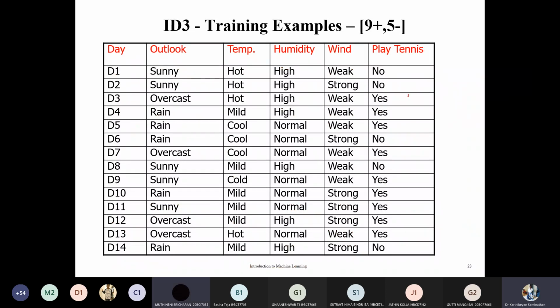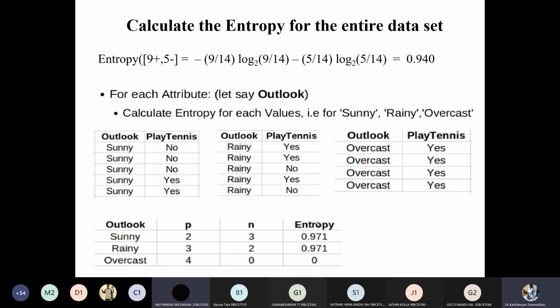See here, 1 positive, 2, 3, 4, 5, 6, 7, 8, 9 positive. So totally 9 plus and 5 negative. That's what they have written. This is what you need to create a problem. So now 9 plus and 5 minus. Now you can go ahead with the problem.